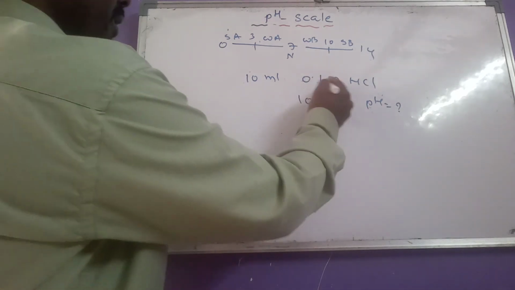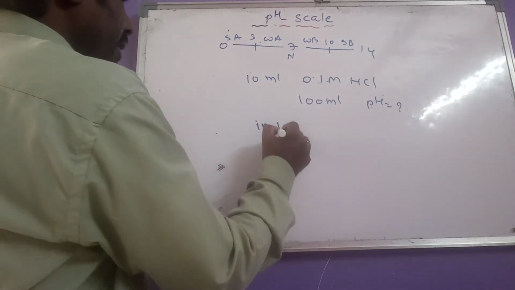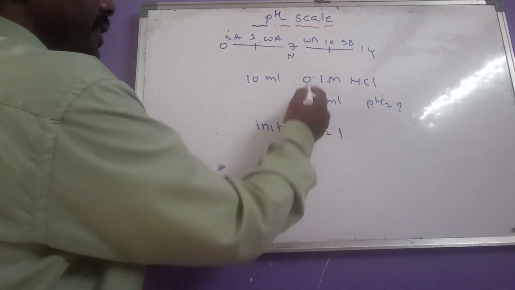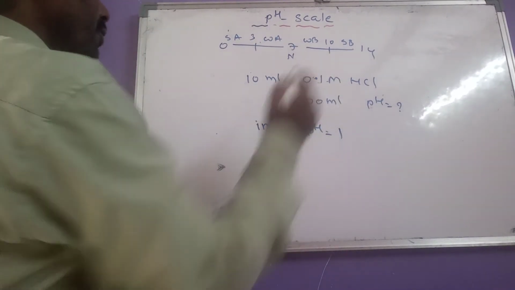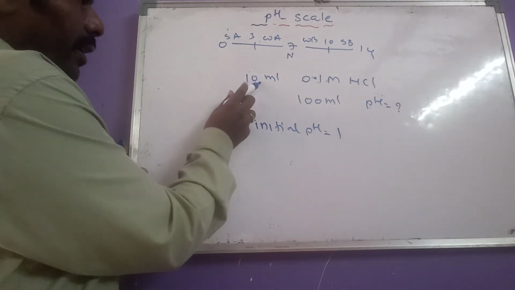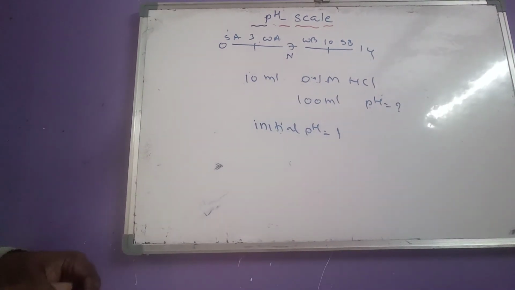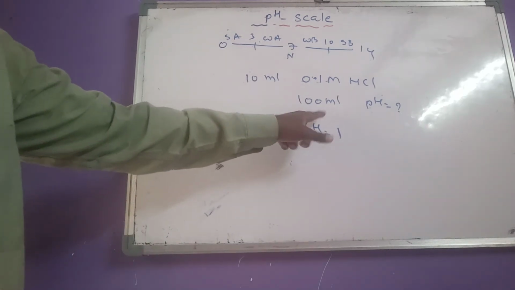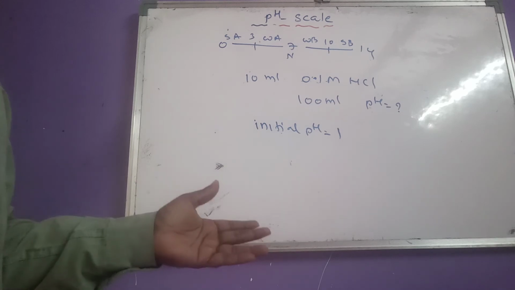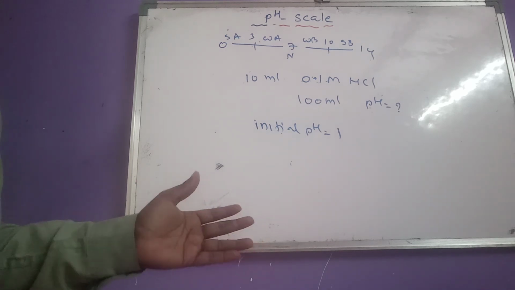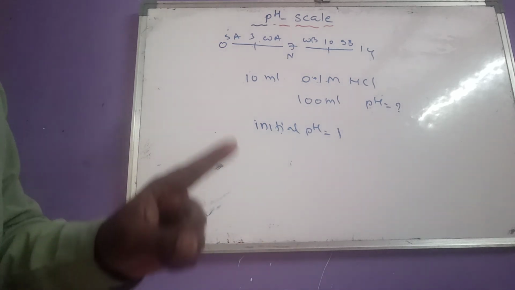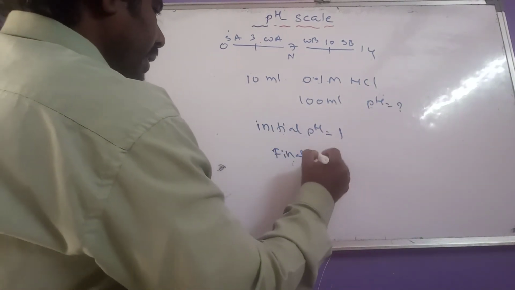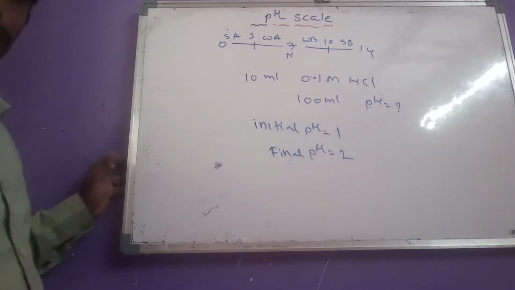As H plus concentration is 0.1, that is 10 power minus 1, so the initial pH is 1. Now see here, 10 ml to 100 ml, ten tens are 100. That means this acid is diluted by 10 times. If an acid is diluted by 10 times, its pH value increases by 1 unit. That means the final pH is 2.